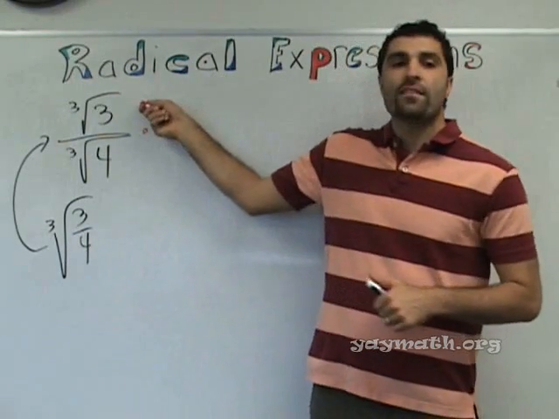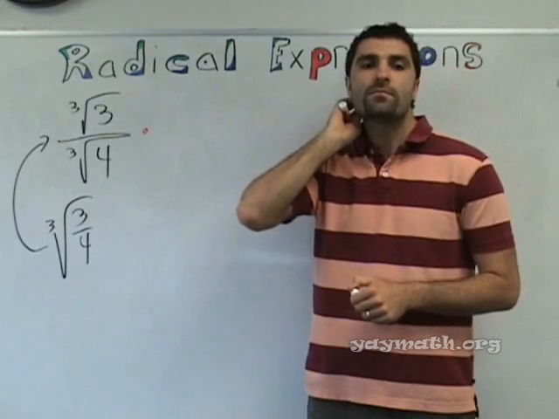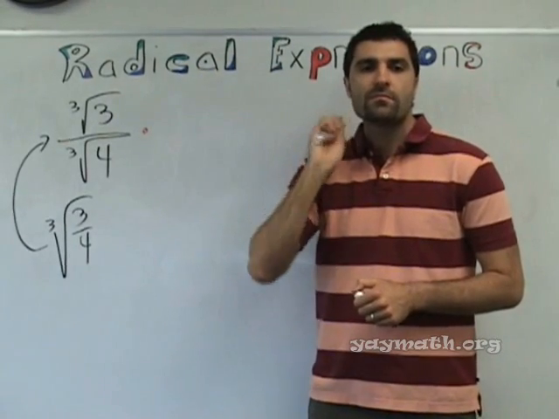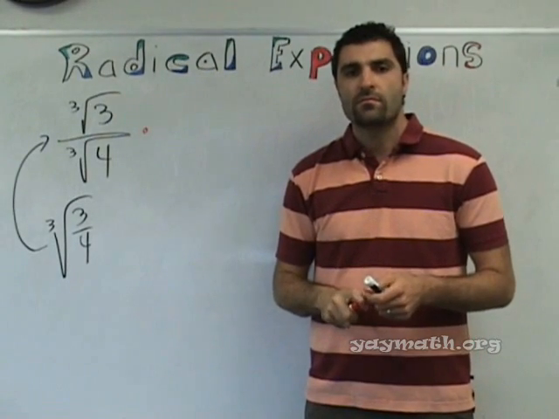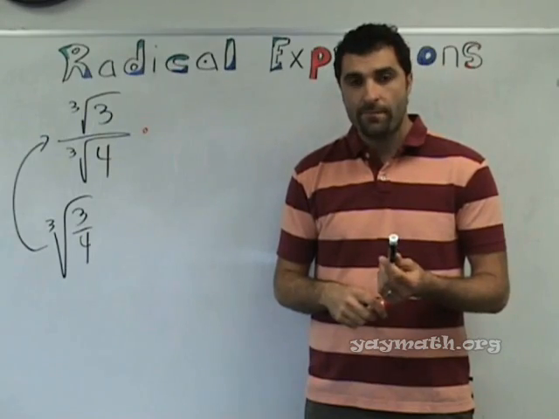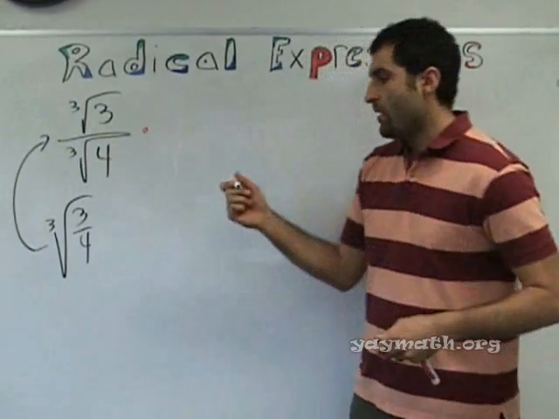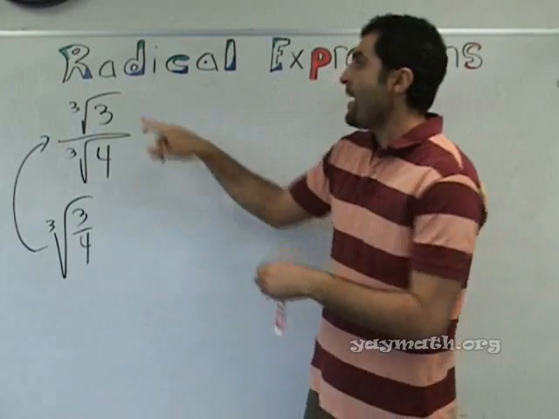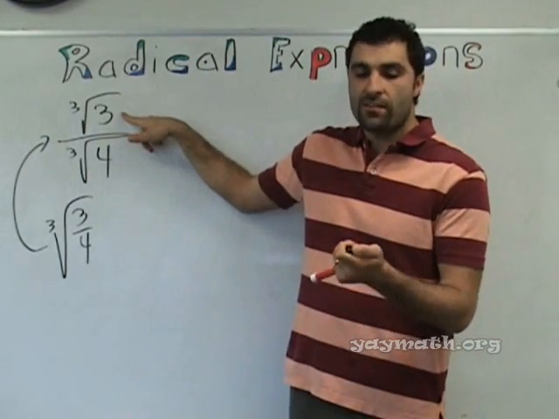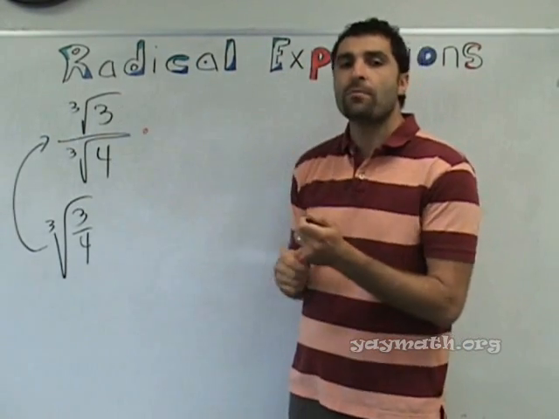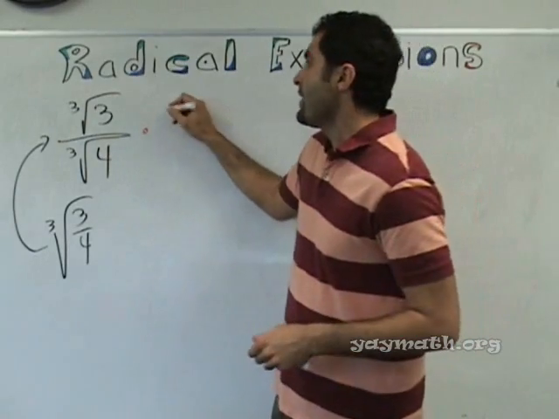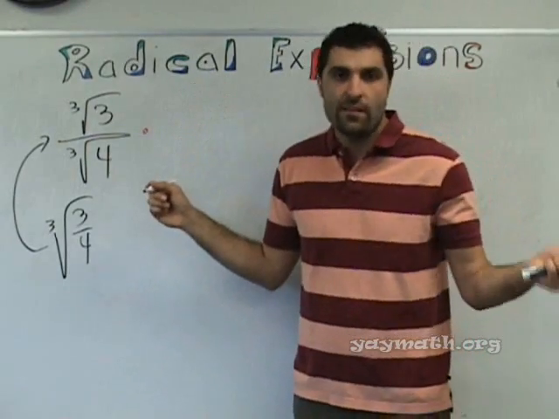I'd rather do the easier thing that makes sense to me and then simplify at the end. You'll have to multiply by the cube root of 16 on the top here, and then the top will be the cube root of 48, and then you'd have to simplify if you want.